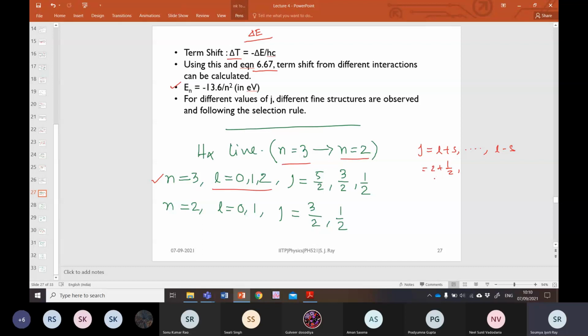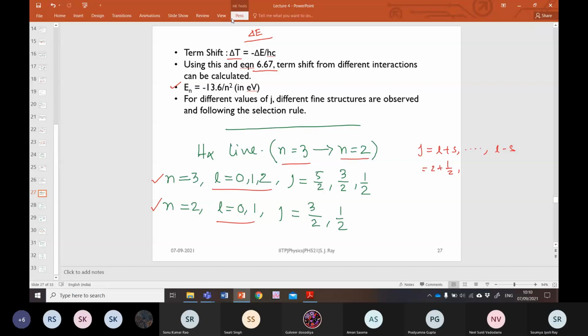Now if we look at n equal to 2, then the possible values of L will be 0 and 1, and you can also find out the possible values of J here. The values of J in this case will be 3 by 2 and half. So this you already have seen earlier.